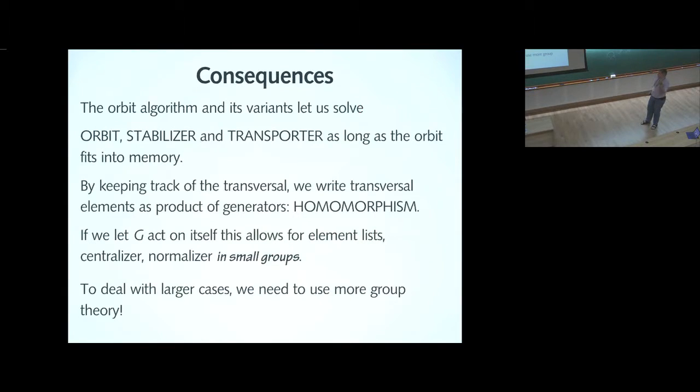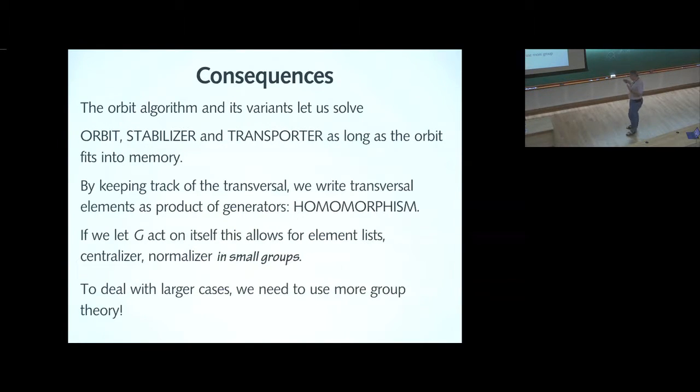So we can calculate the orbit, we can calculate the stabilizer, we can find transporting elements. If we keep track of the transversal, we can write how the transversal elements were obtained as products of generators. We can basically write group elements as products of generators, and therefore work with homomorphisms given on generators.